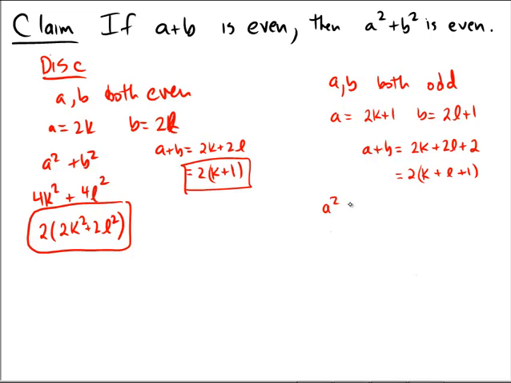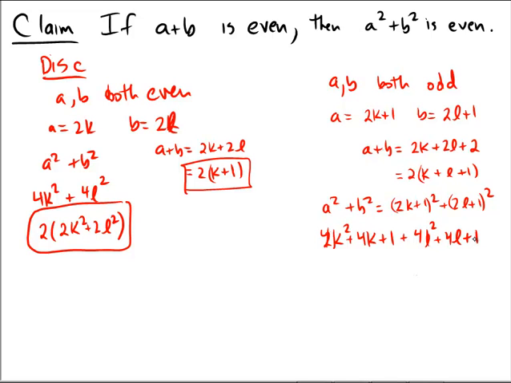And what would a squared and b squared be? a squared plus b squared would be (2k plus 1) squared plus (2l plus 1) squared, which is 4k squared plus 4k plus 1 plus 4l squared plus 4l plus 1.